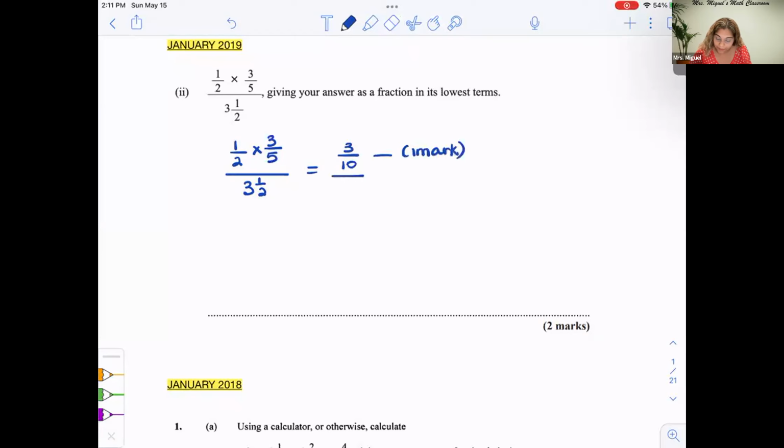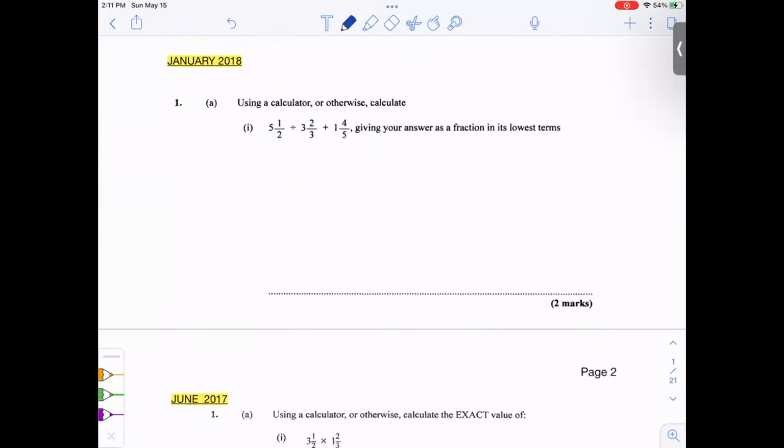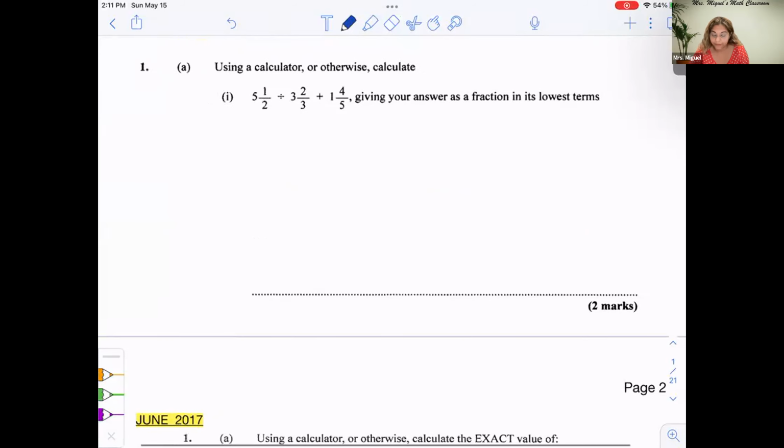The next mark is for dividing 3/10 by 3.5. The answer is 3/35. So on my dotted line, I am going to put the answer. Here, I would have scored another mark, giving me 2 marks. Did you get that? Yeah, miss. We're moving along. Go ahead.